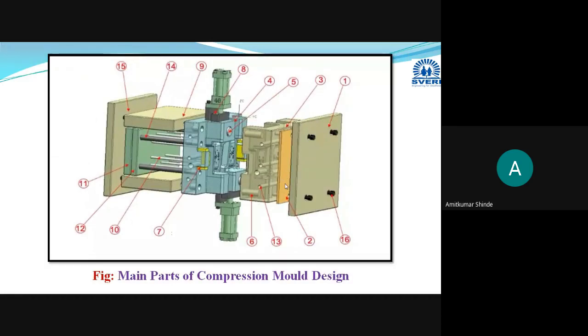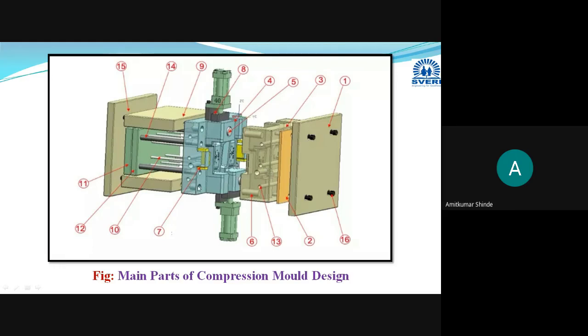What is the function of this thermal insulation board or thermal baffle, part number two? It avoids the loss of heat and saves the energy, and also it protects the hydraulic press or hydraulic mechanism parts from the heat.